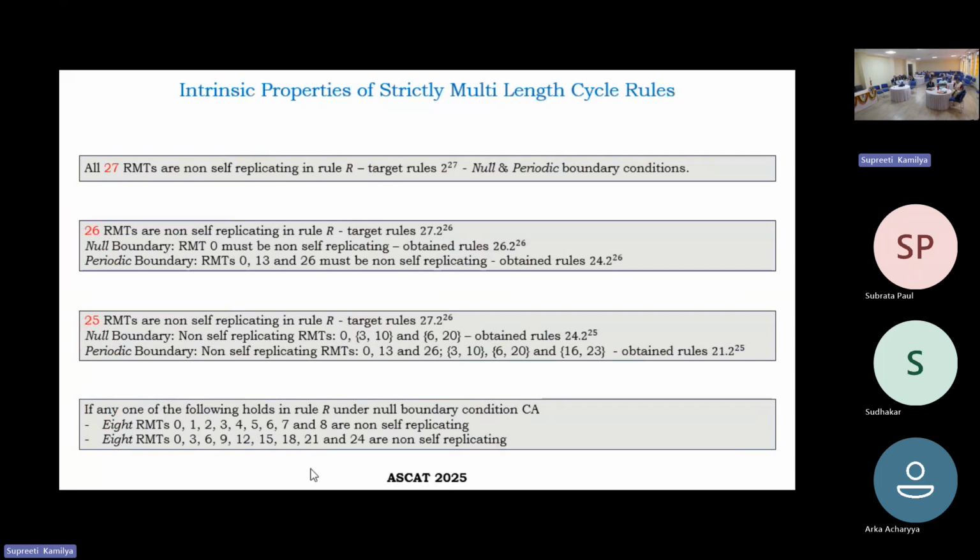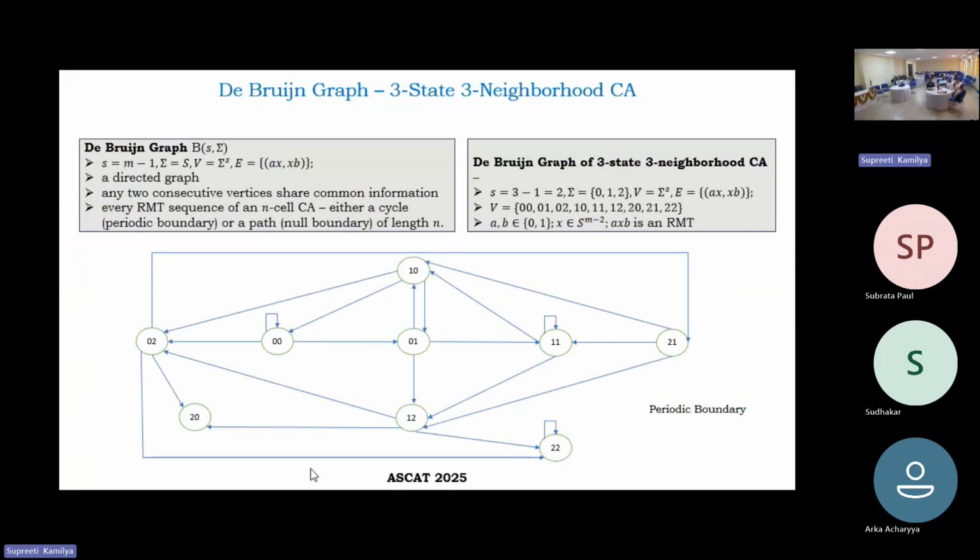So for that we move to the de Bruijn graph, and with its help we try to solve the problem. In the de Bruijn graph for a three-state three-neighborhood CA, we have 9 nodes, and every node has three incoming edges and three outgoing edges.